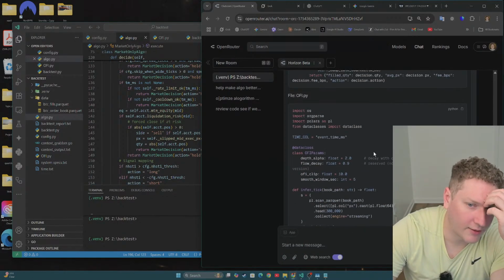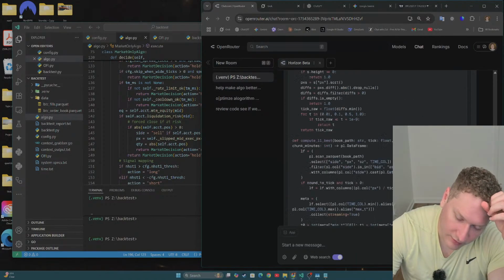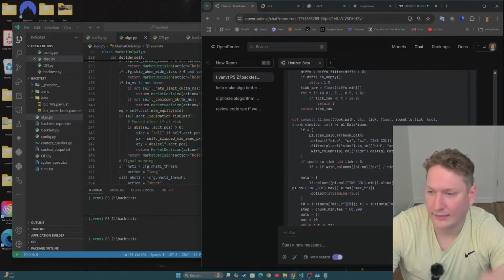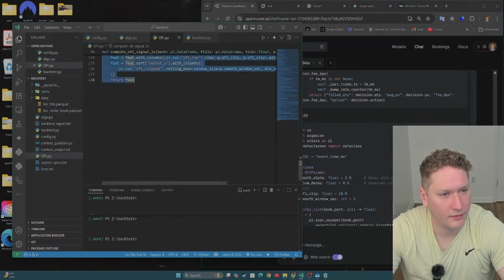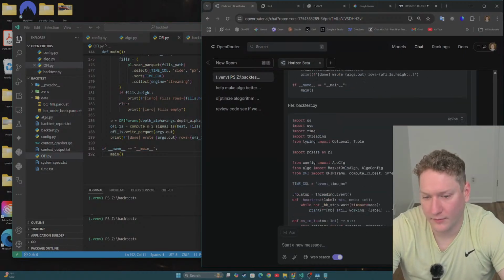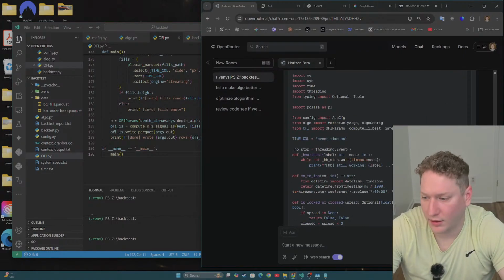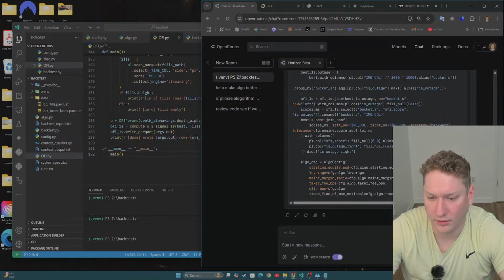And then OFI will just be the core math. And then the backtest will be the workhorse of the file.